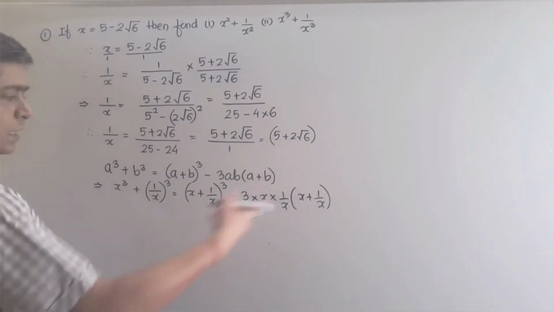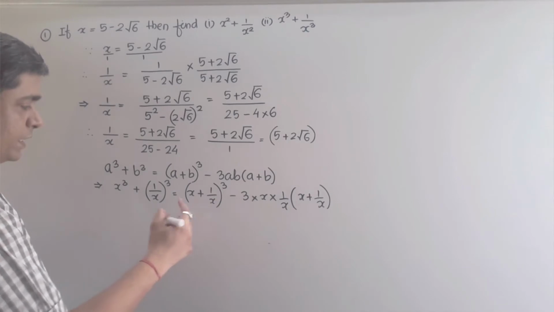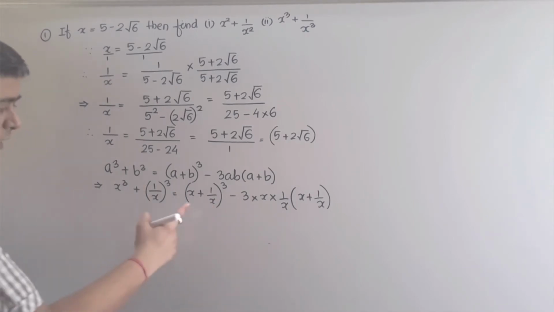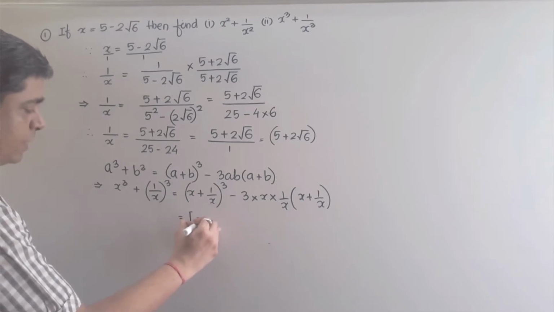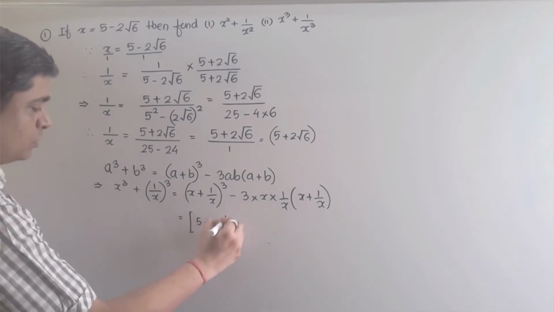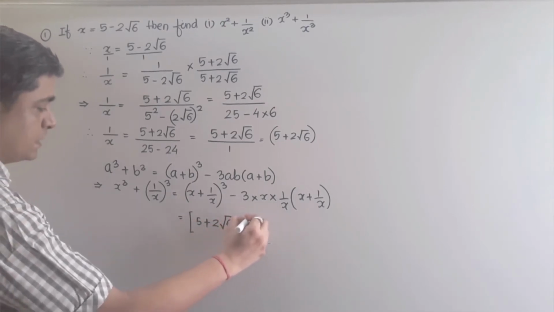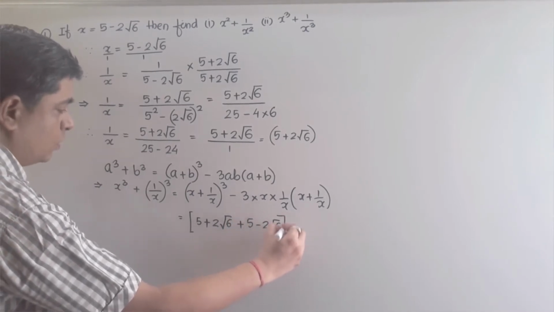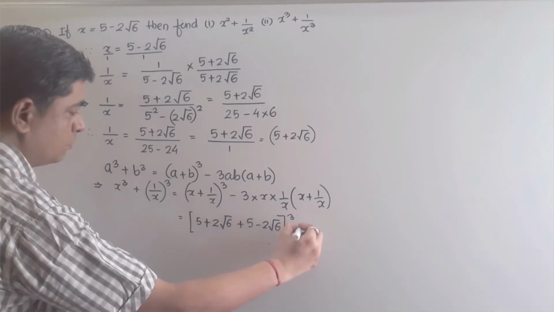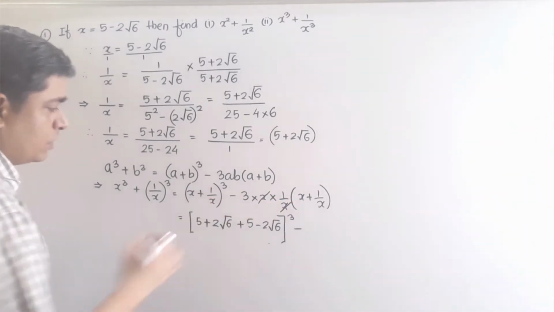Now the right hand side I will simplify. x plus 1 upon x. Again I will put up the value of x and 1 upon x. That will be (5 plus 2 under root of 6, and 1 upon x is 5 minus 2 under root of 6) whole power 3 as it is, minus here x and x got cancelled.